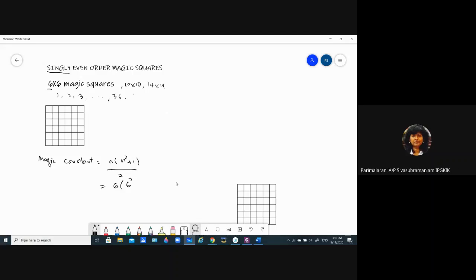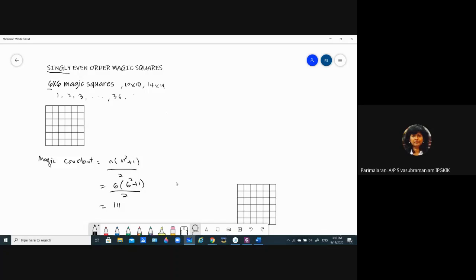Yes. n squared plus 1 over 2: 36 plus 1 is 37, 37 times 6 over 2 is 111. So the sum for each column, row and diagonal will be 111.